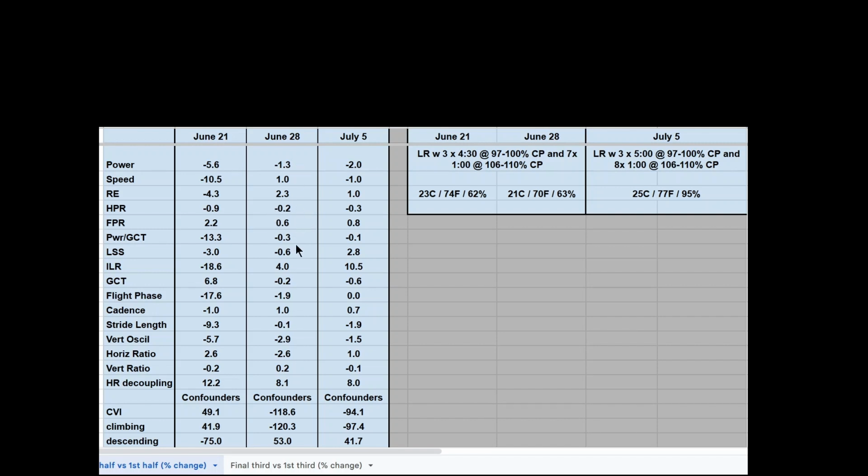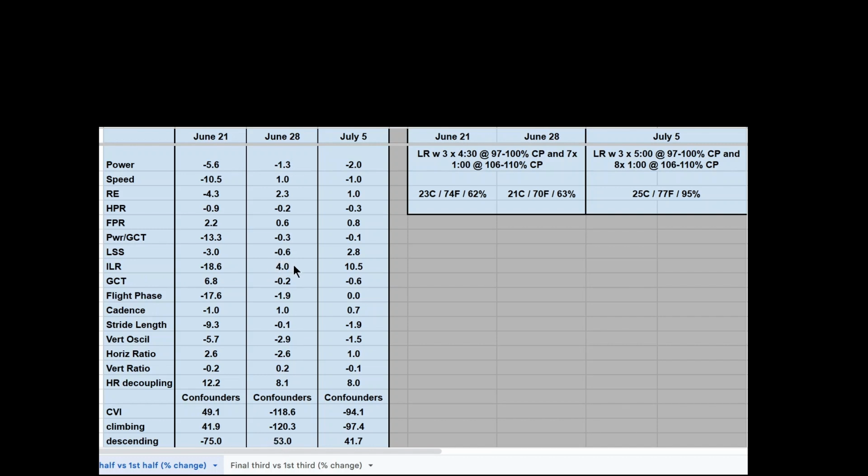These numbers here, power to ground contact time, decreased only 0.3%. So stayed pretty steady. And that's a great sign that he did not fatigue in this particular run in the second half versus the first half like he did in the first one. In this case, impact loading rate increased 4%, but remember there's more descending than climbing.